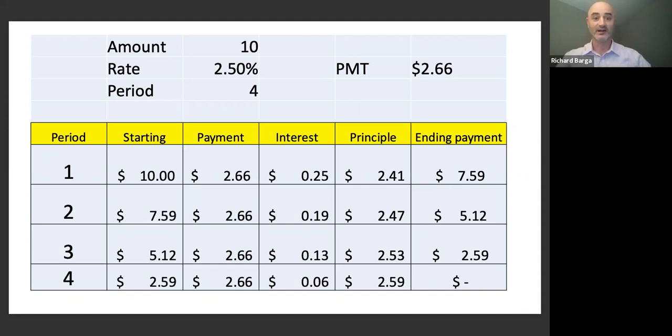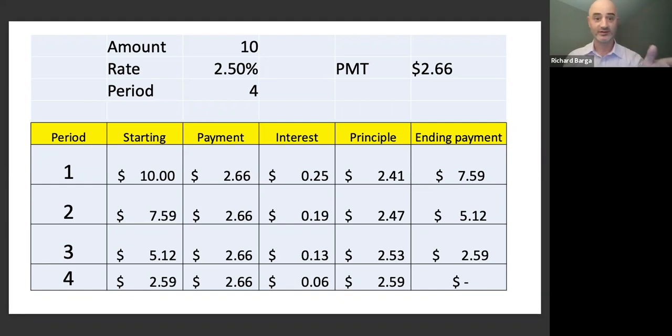On the left, going from left to right, you have the period, the starting balance of the loan, and the payment that needs to be made, which is made up of the next two columns, interest and principal.